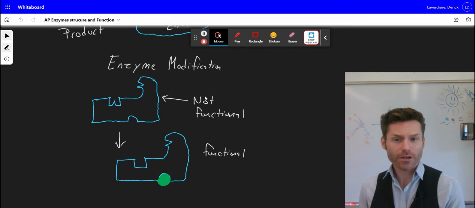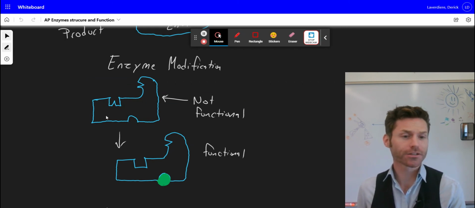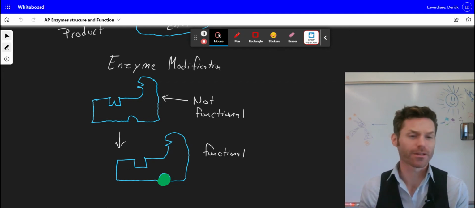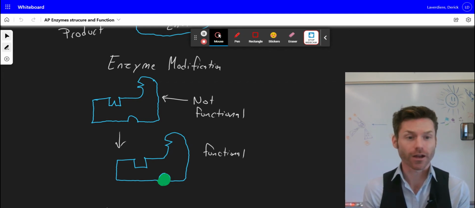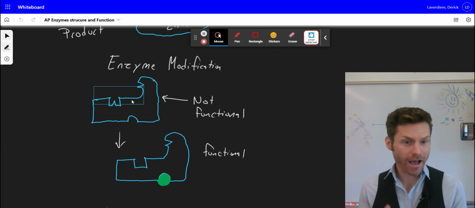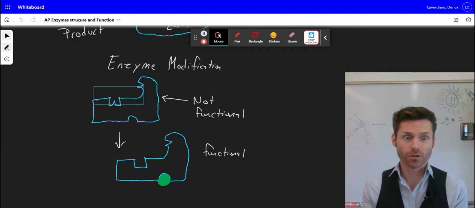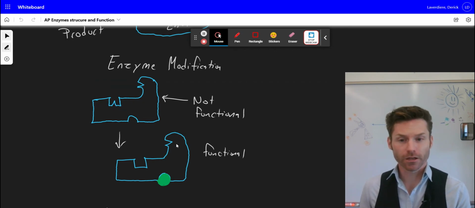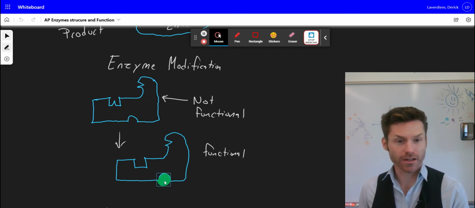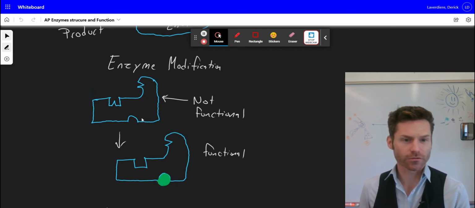I could have a bunch of these enzymes floating around in my cells, but not doing anything yet, because I don't want it to do its job yet. Maybe the conditions of the cell aren't ready for that enzyme to work. But when the conditions are ready and the cell's like, yo, it's time for you to do your job, enzyme, it can release this other molecule that fits into a different region. It's not an active site, because this is not a substrate. It's just a modification region.